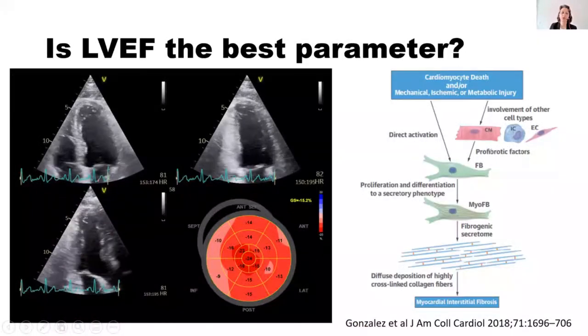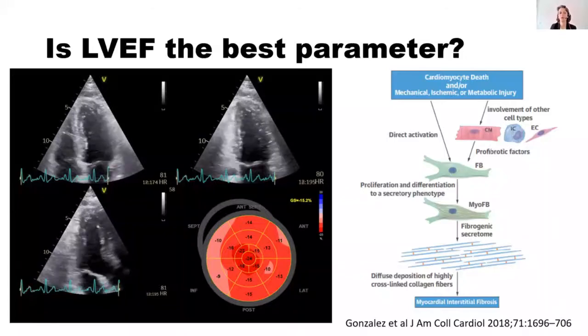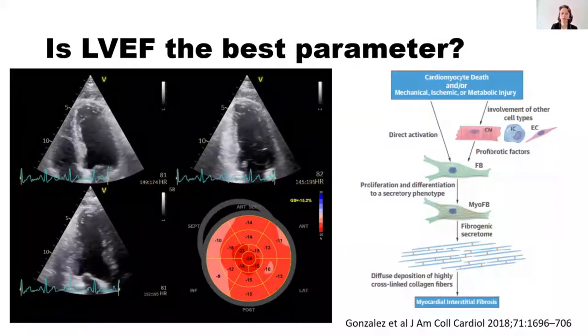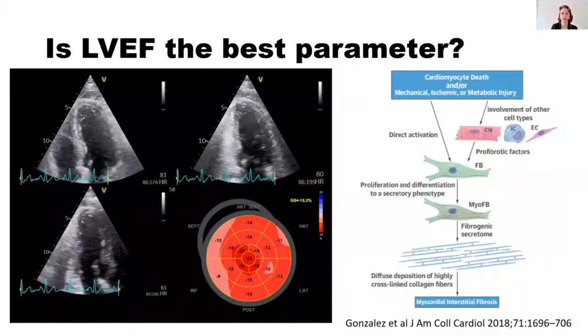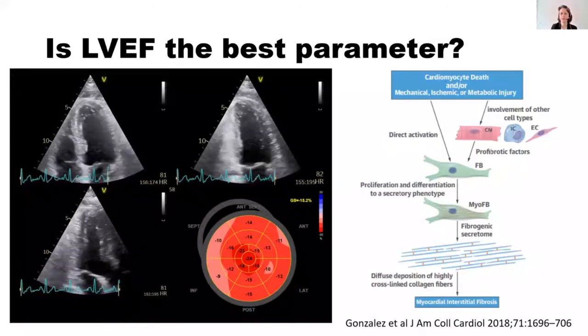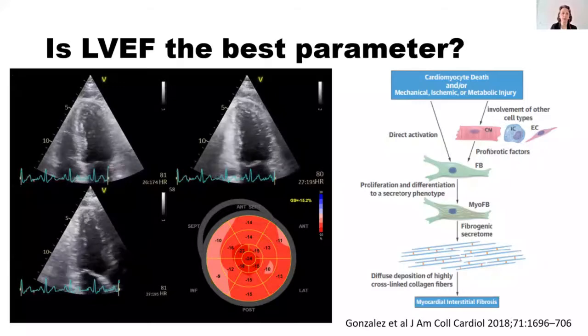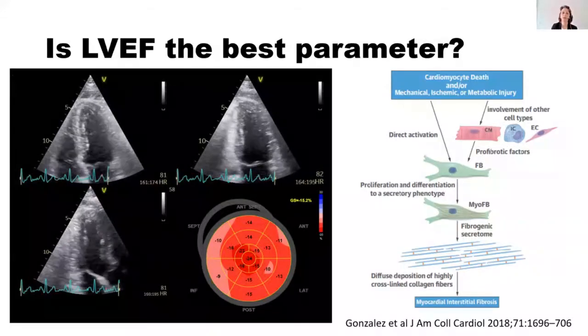But another question is if ejection fraction is the best parameter to use, because we know that all the risk factors associated with atrial fibrillation, such as hypertension, obesity, diabetes, and coronary artery disease, may be present in patients who have a normal ejection fraction.